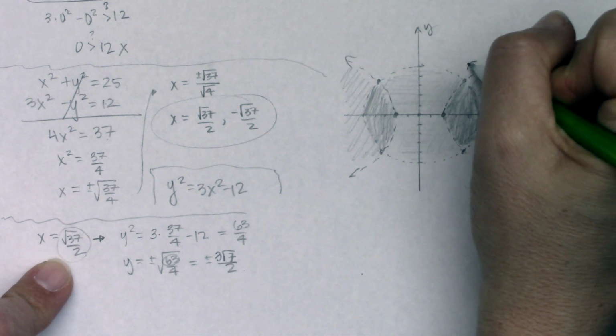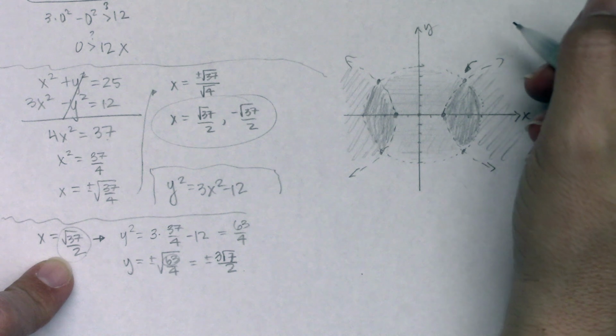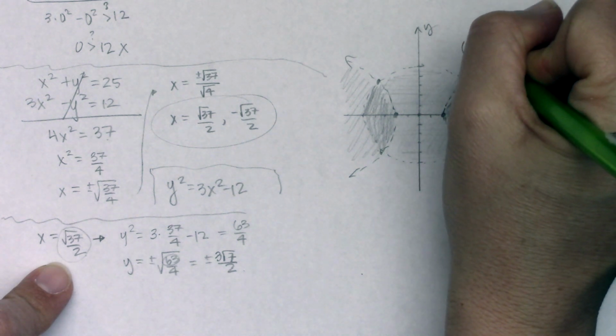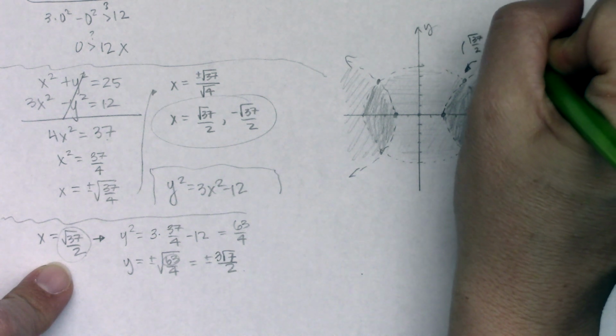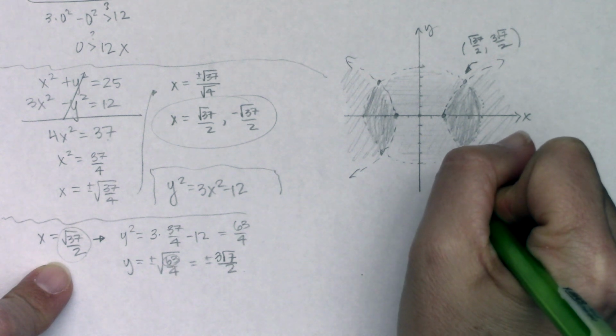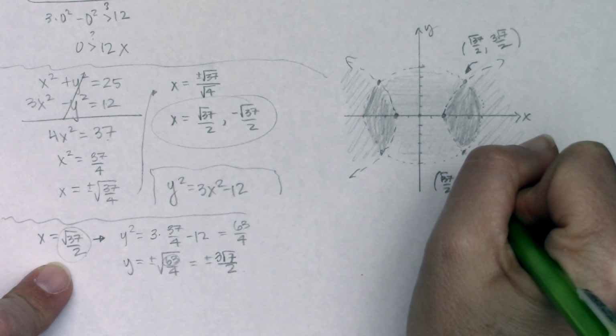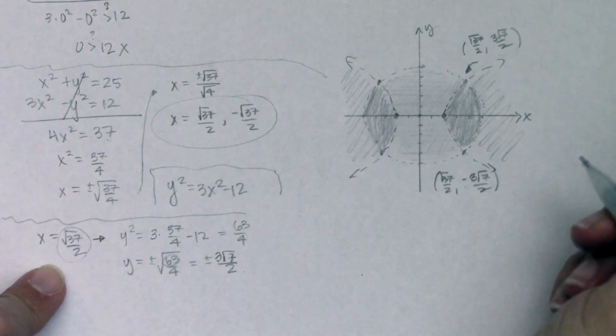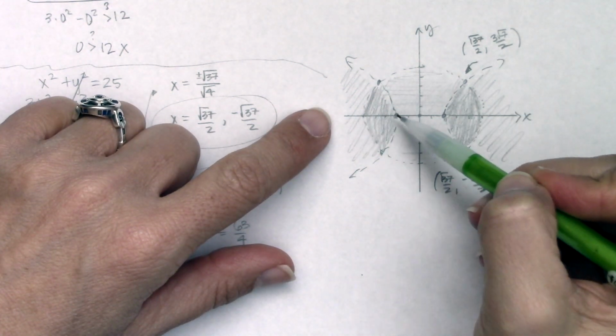So this ordered pair here, I told you we're going to get into the weeds, is going to be the square root of 37 over 2 and then 3 root 7 over 2. This one down here is going to be the square root of 37 over 2 and then negative 3 root 7 over 2. And you can almost imagine what's about to happen here.